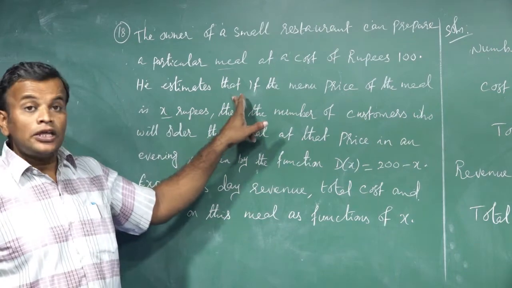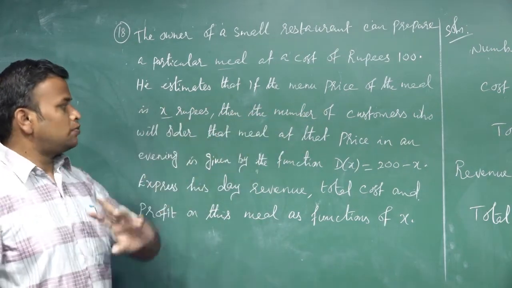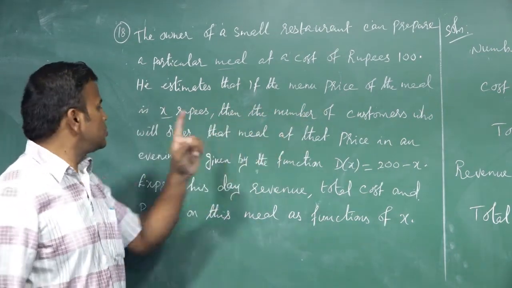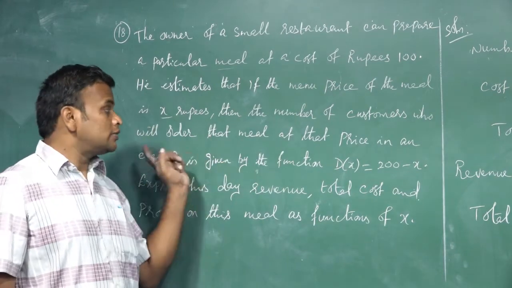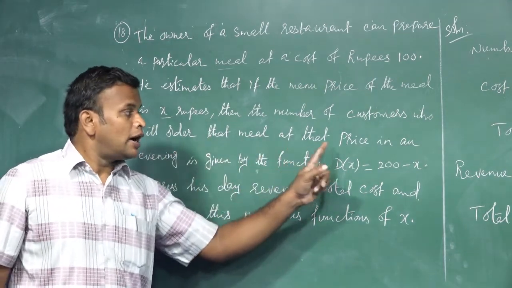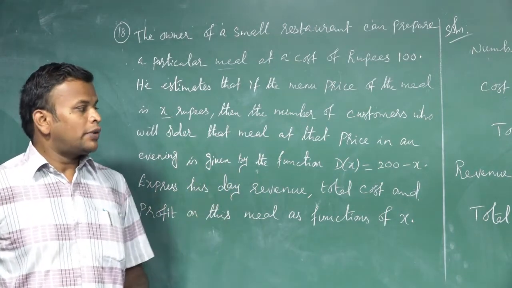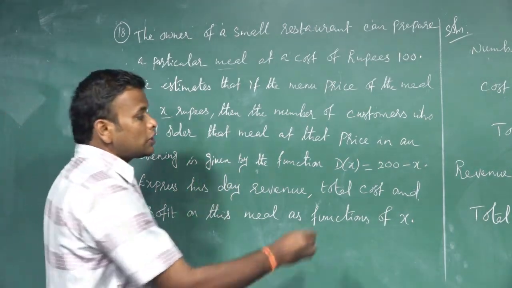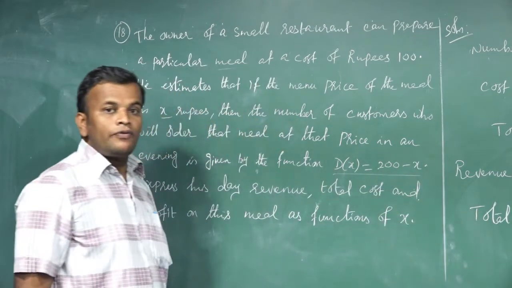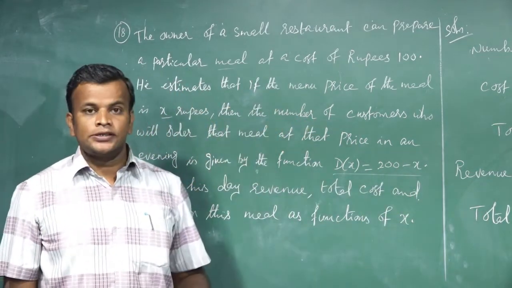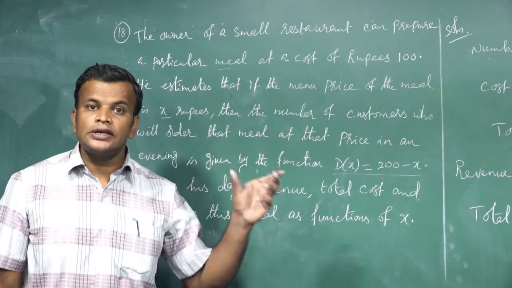He estimates that if the menu price of the meal is X rupees, then the number of customers who will order that meal in an evening is given by 200 minus X. That is the number of customers. D of X is 200 minus X. The number of customers is also not exactly given.